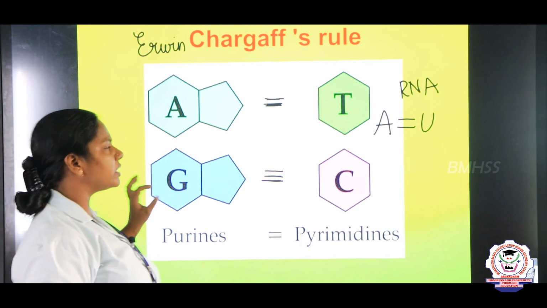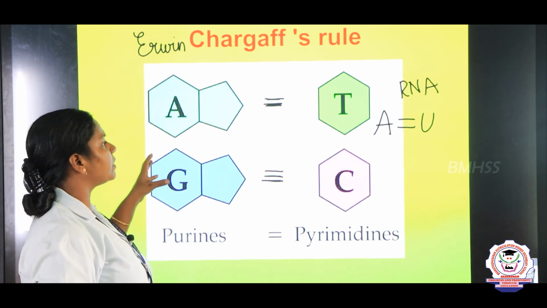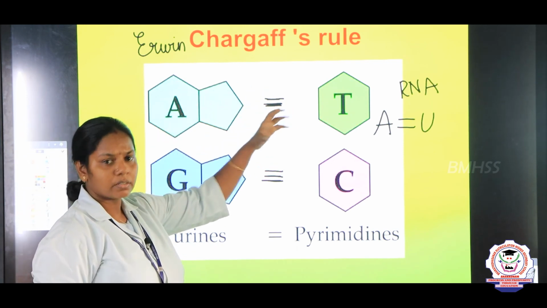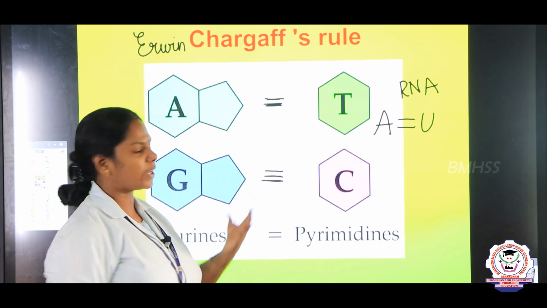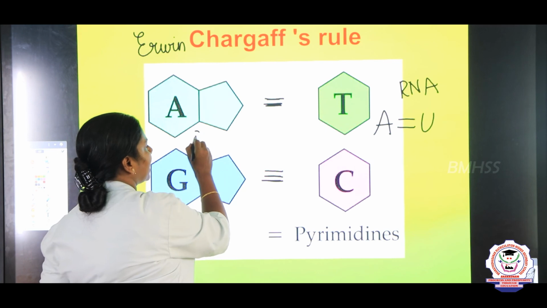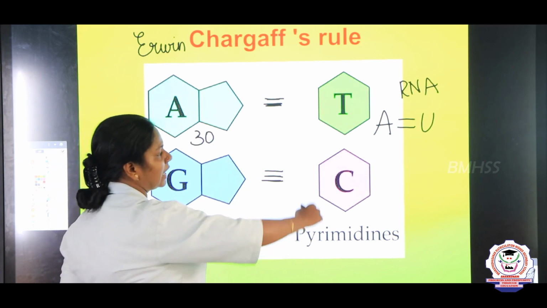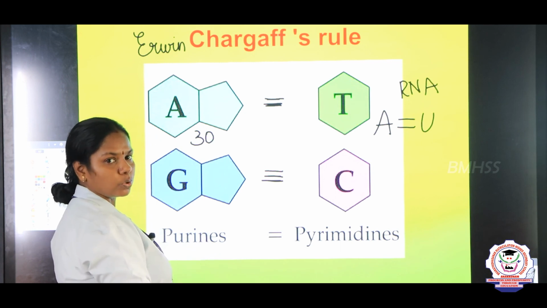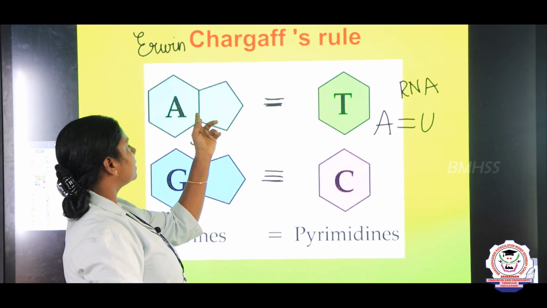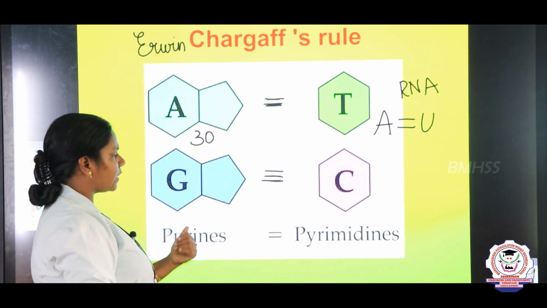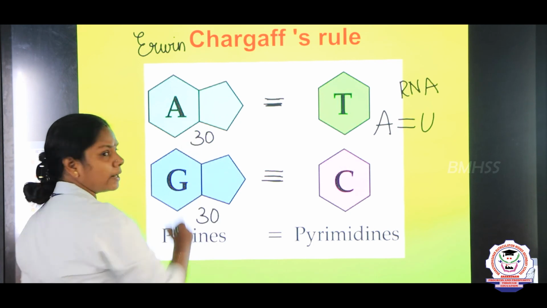But based on this rule, they will give you many problems, children. His rule is that the ratio between adenine with thymine and guanine with cytosine are equal. For example, if they give the value of adenine as 30, they will ask you to find the value of the remaining 2, right? What will be the case of guanine, children? Guanine is also 30 because they both are purines.